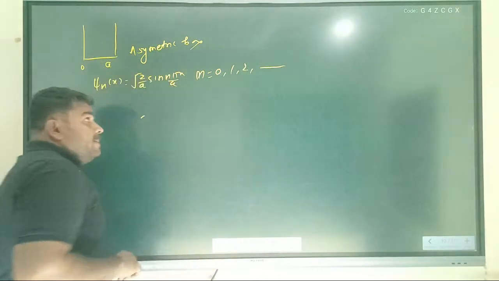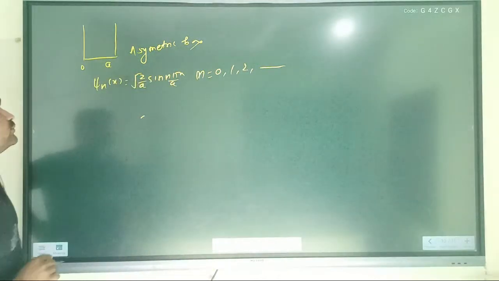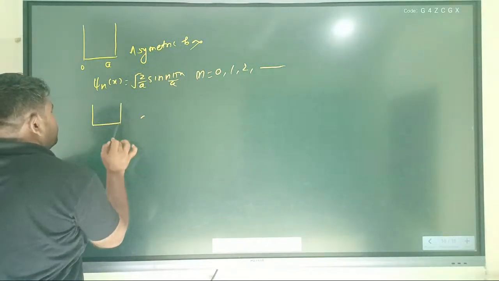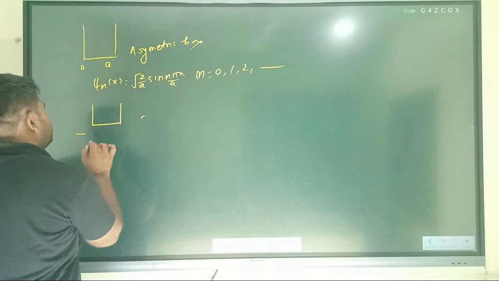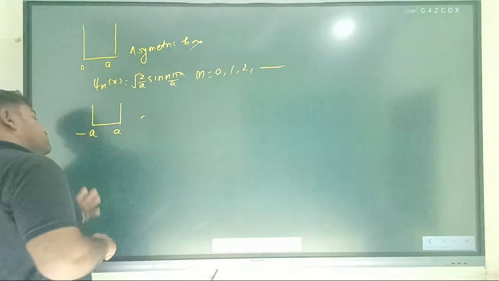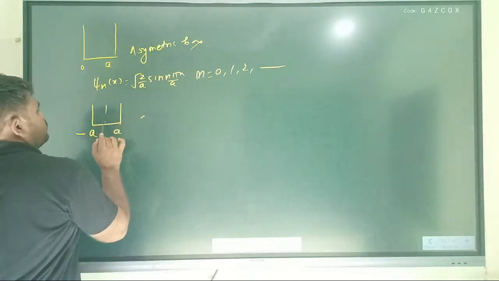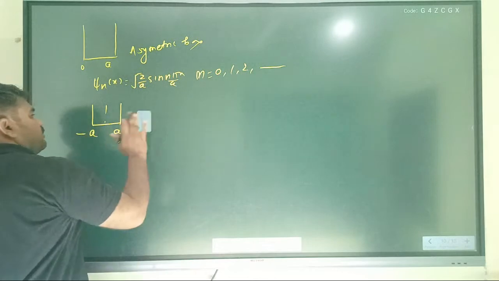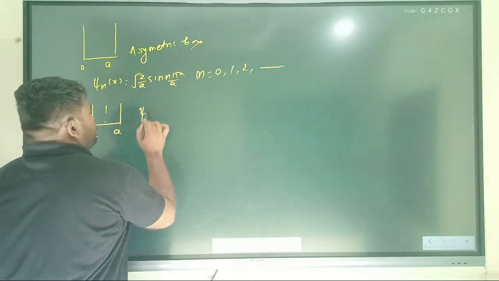Clear? Now second one. Now box is a symmetric nature. Like that minus a to plus a or anything is minus x to plus x. Then we can say symmetric. Symmetric कब होता है? 0 से both sides will be same part. Then we can say this is symmetric one. Clear? So then what is the value of psi of x?